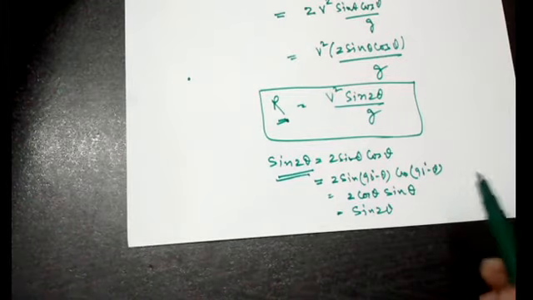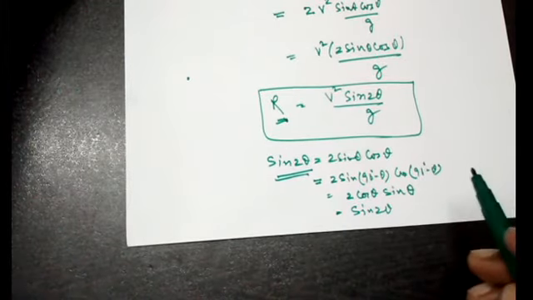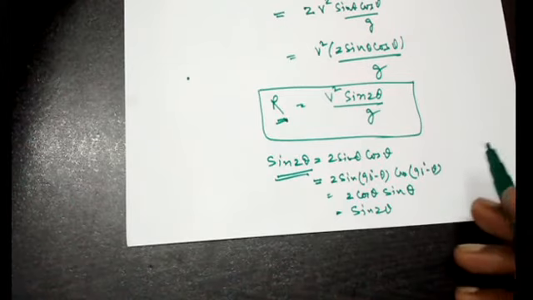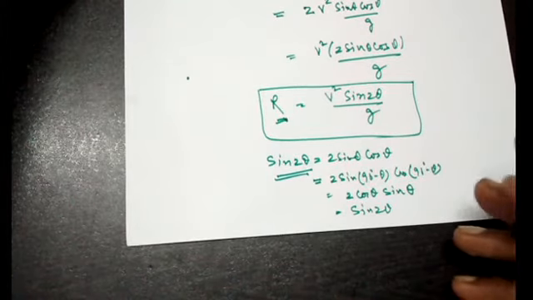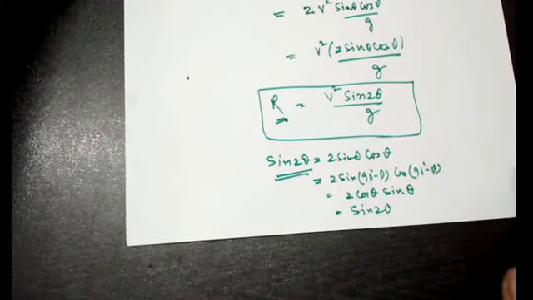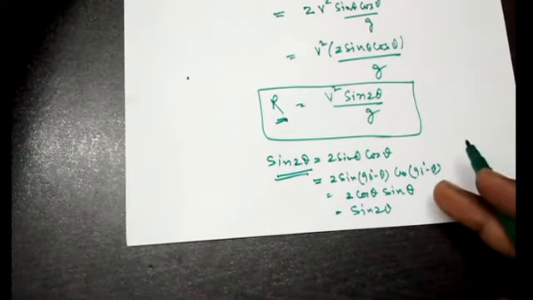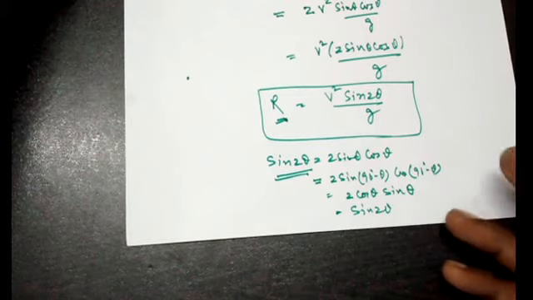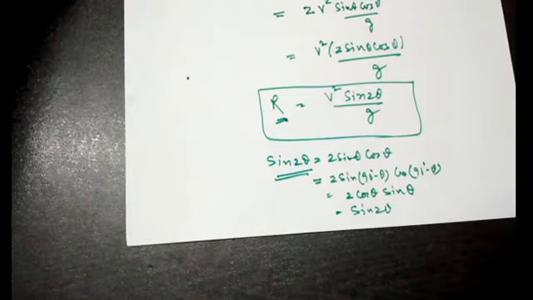This is the thing we must know. Sometimes in MCQ type questions it is asked that a body is projected at a 30 degree angle. For the same range, at what angle should the body be projected? So it will be 90 degree minus 30 degree, that is 60 degree.